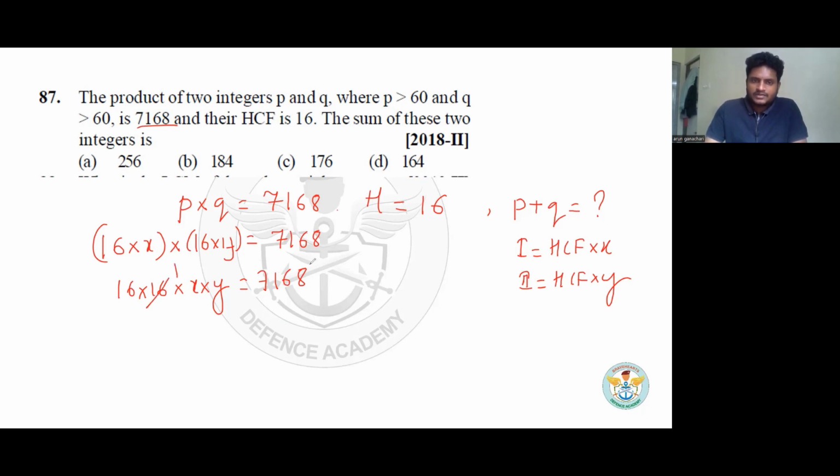16 ones are 16, 16 fives are 80. So 16 fours is how much? 64.